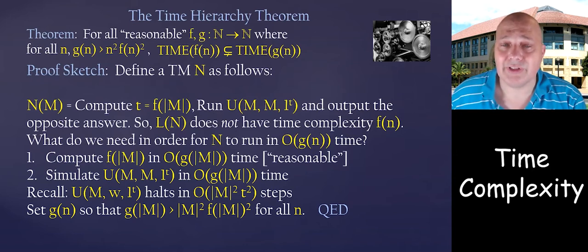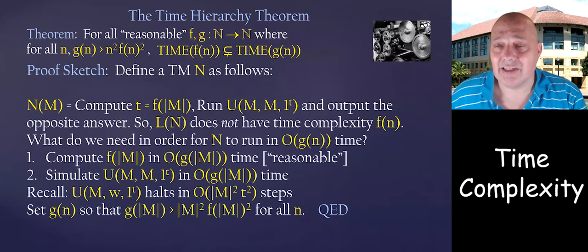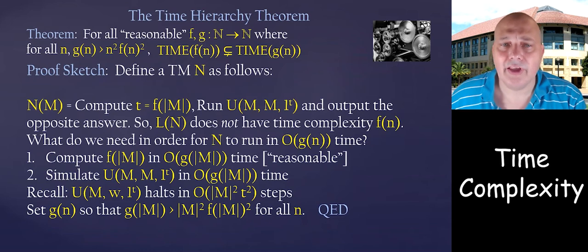And the requirement on g is set such that this is less than g of n. And finally, of course, flipping the outcome is order 1. So with this, we prove the entire hierarchy theorem.